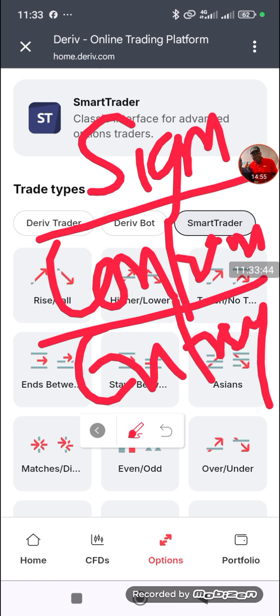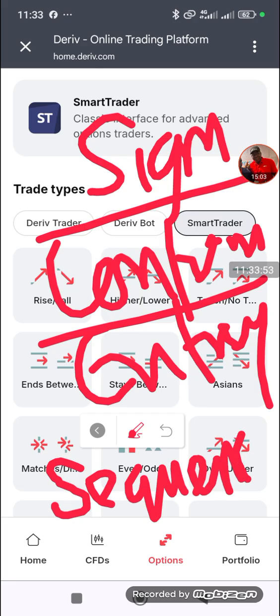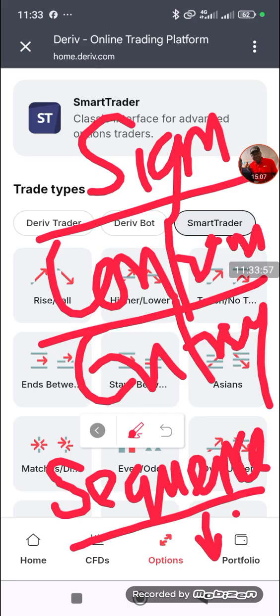While for match or differ, I'm only waiting for sequence. Okay, I'm waiting for sequence and maybe direction, up or down. Those are the things I'm watching out for. And it's faster, because the prices change every 2 seconds.